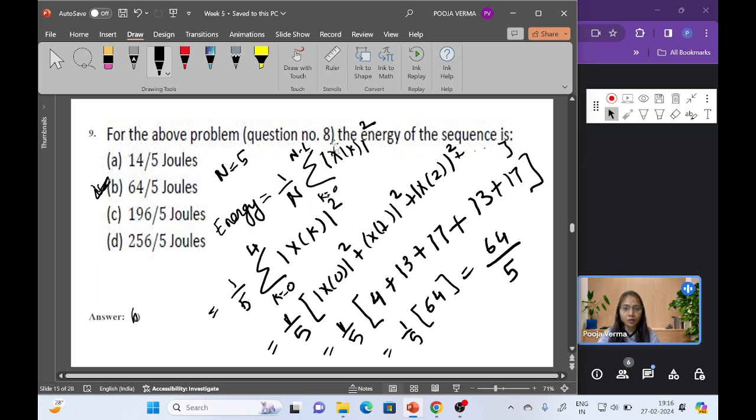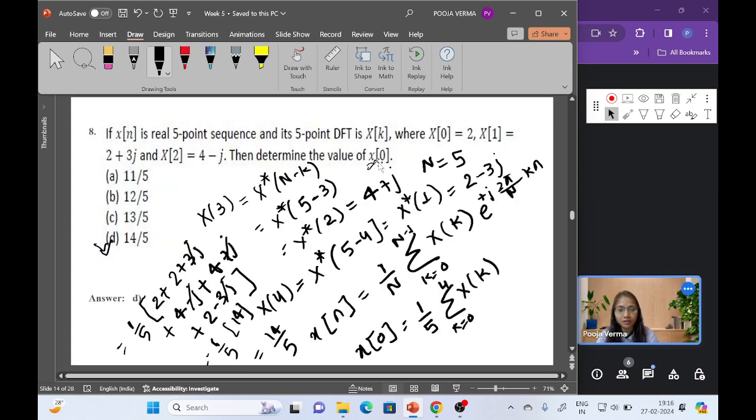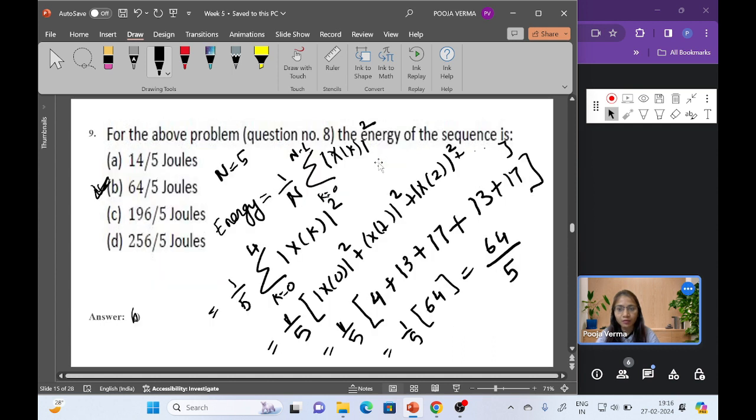Okay. So have you got this question, how to solve this one? How we are solving for the imaginary part. So let's say x of n 1 is equal to 2 plus 3j. In order to find out mod of x1 square, just root of 2 square plus 3 square, you know how to solve this one.